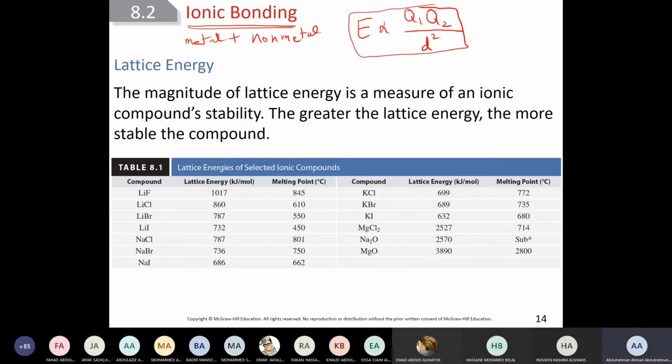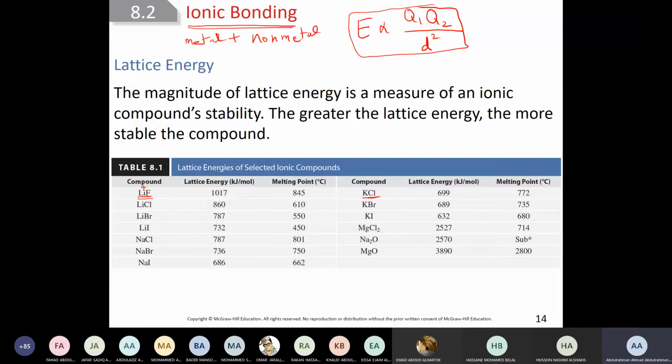Keep this in mind. Now, as I said, look at these numbers, don't memorize them, just listen to me and answer me. If we have lithium fluoride and potassium chloride, what is the charge of lithium?